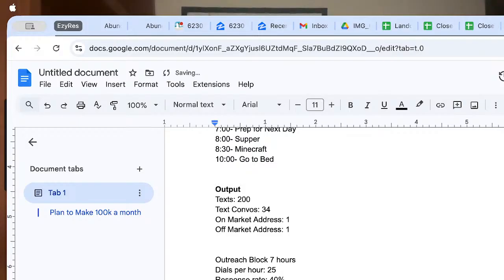Our convo to on-market address is 10.8 to 1. So if we had 105 convos divided by 10.8, we'd have 9.7 on-market addresses.